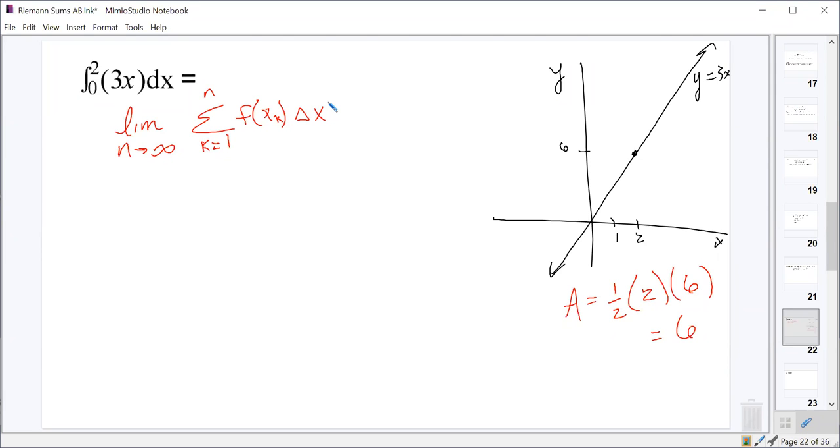That's the limit and the summation that we came up with, that we said should sum together the areas of all the little rectangles that I could draw within here to find the exact area underneath the curve, right? Everybody remember doing that and remember conceptually that that's what we were doing? Yes. Okay, cool.